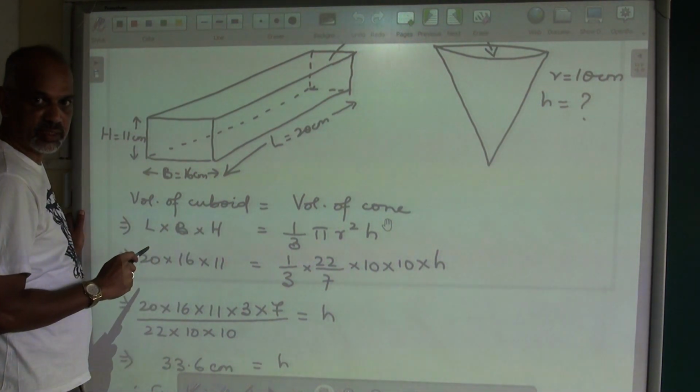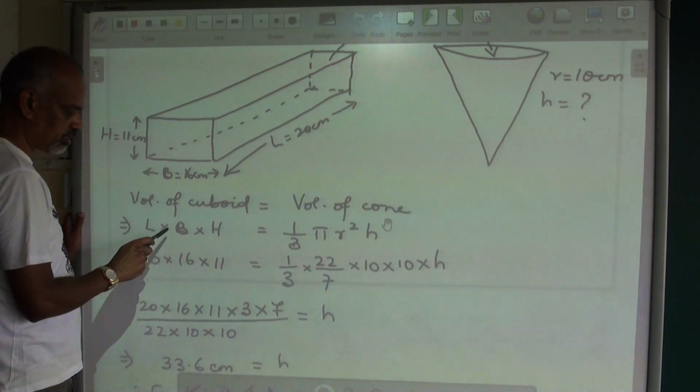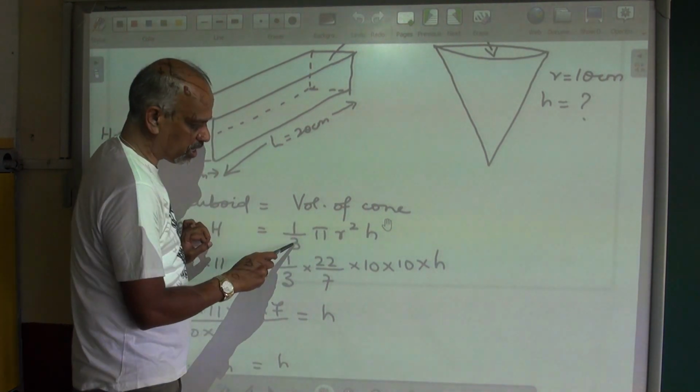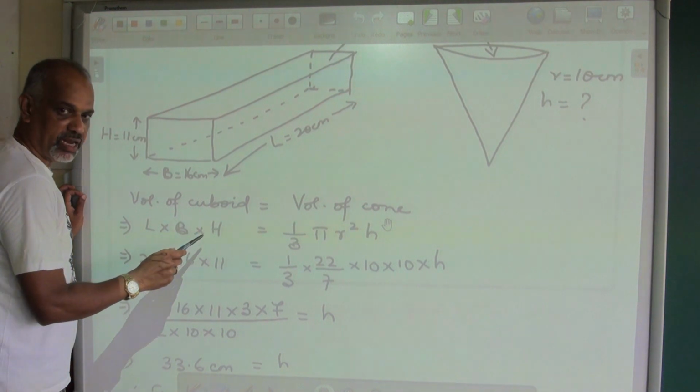Substitute by the formula. Volume of cuboid is length into breadth into height, which is equal to volume of cone. Formula is 1 by 3 pi r squared h. Put the values.